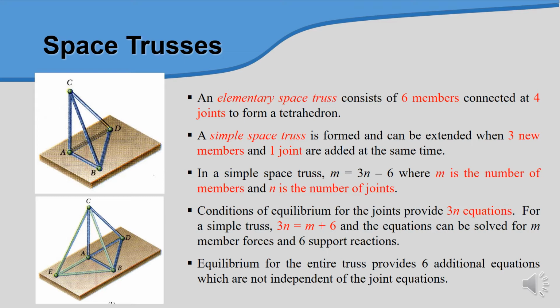For a simple truss, 3n equals m plus 6, and the equations can be solved for m member forces and 6 support reactions. Equilibrium for the entire truss provides 6 additional equations which are not independent of the joint equations.